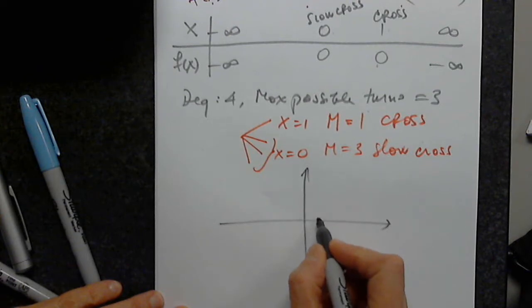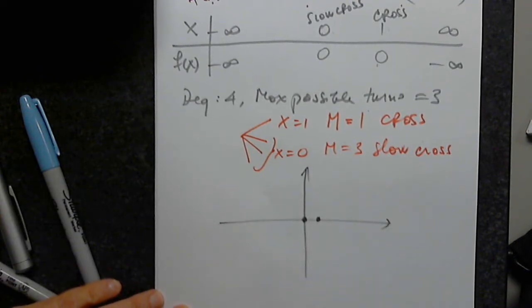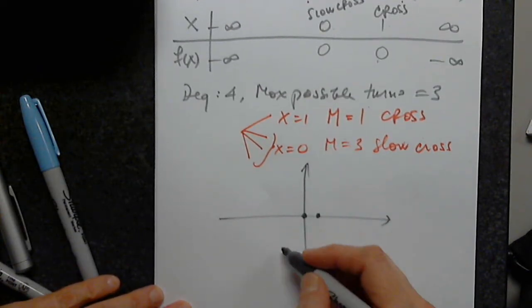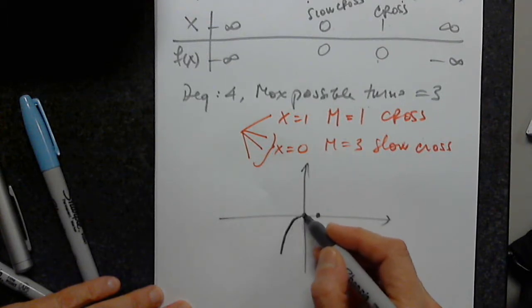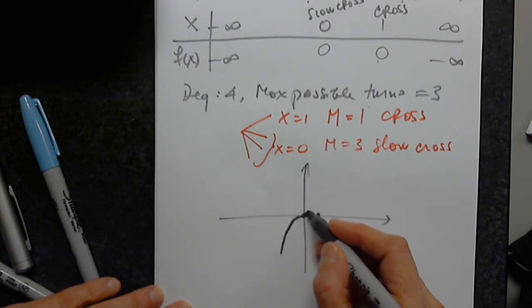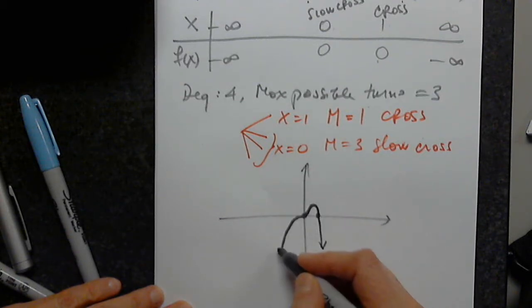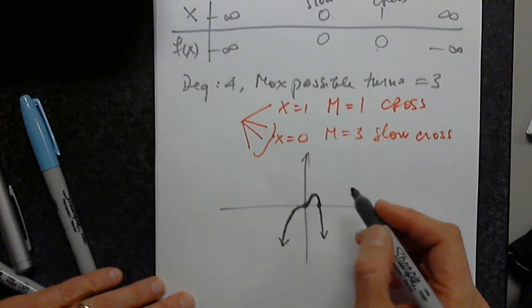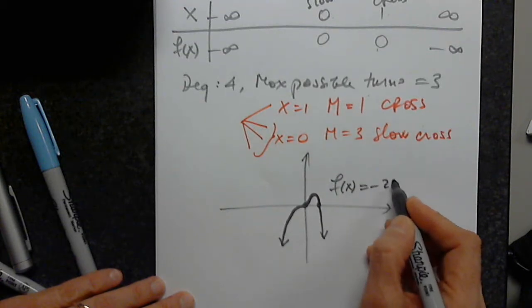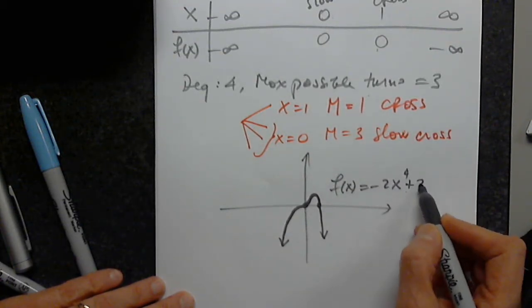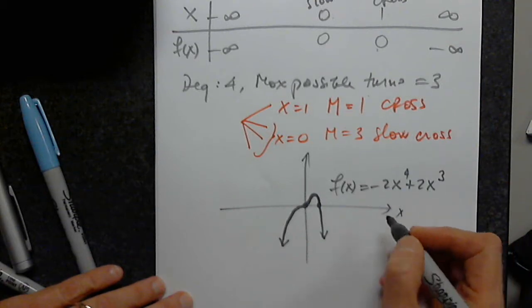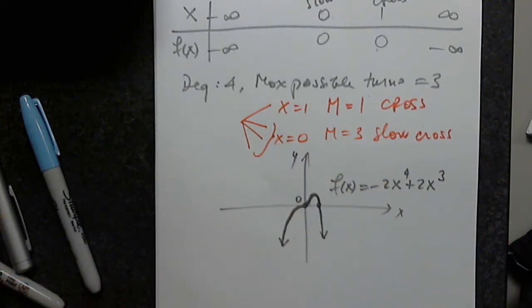It crosses at 1, it crosses at 0. It's coming from negative infinity, it takes its time to cross, it comes to a maximum, and it goes to negative infinity, crossing at 1. So this is f of x equals negative 2x to the 4th plus 2x cubed. And Missy, this is not the function you showed me.